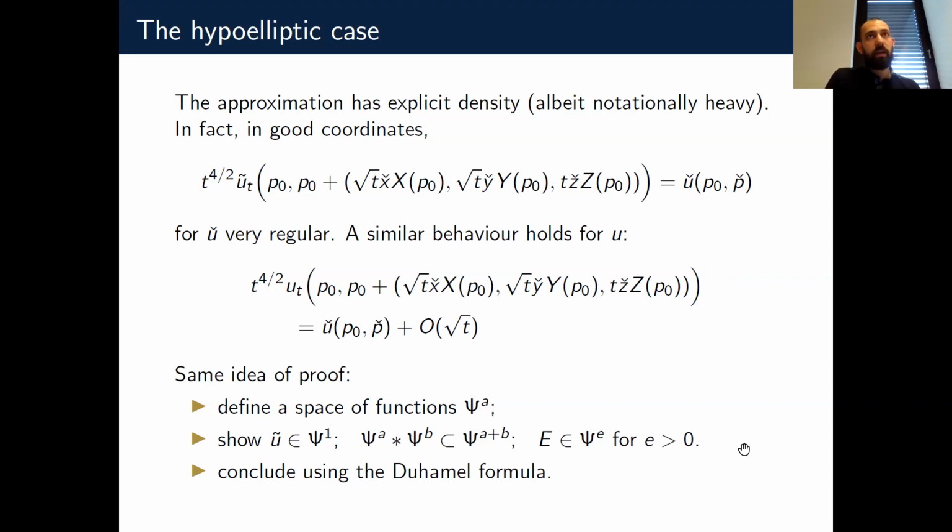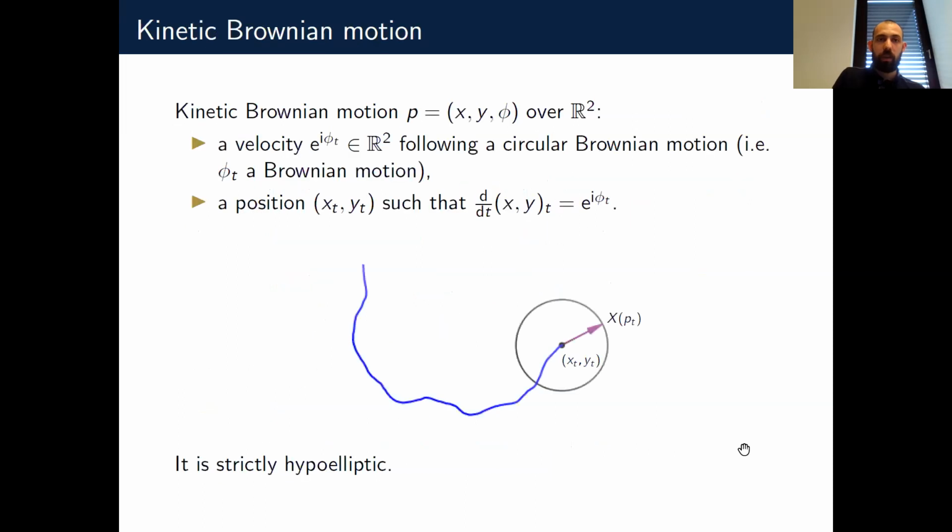Okay, so that's the kind of technique I want to apply to different cases. The cases where I have an actual drift. And the example I'm going to talk about is what I call kinetic Brownian motion.